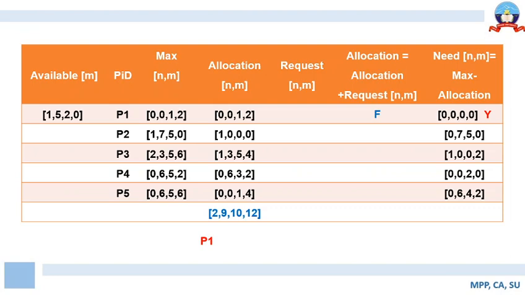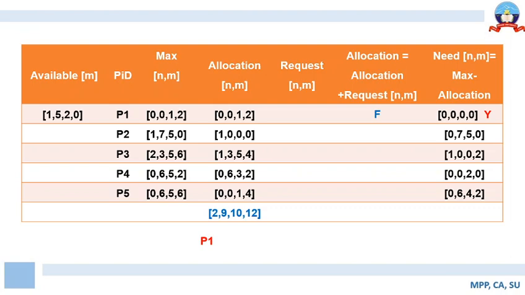With that, we'll try to select a process that can be catered to, and eventually the process can complete its execution. If you analyze the need matrix, there exists a process P1 whose need is 0000. So we can allocate 1520 to process P1 and make it complete its execution.